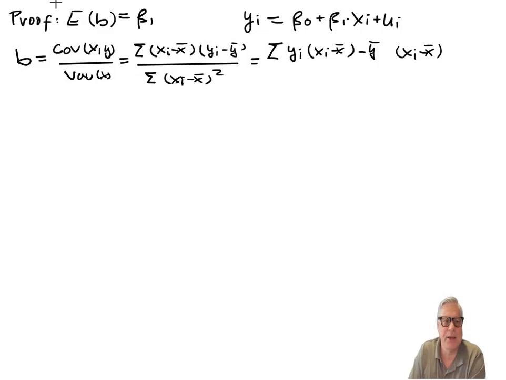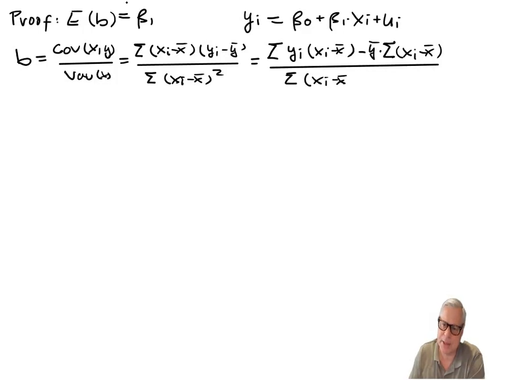And because y bar is a constant, I can put the sum sign in front of this one. And everything is still above the variance of x, which is the sum of xi minus x bar squared.